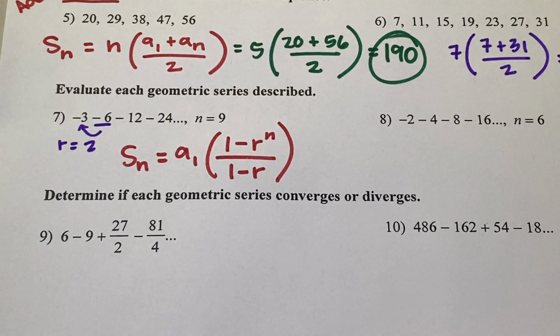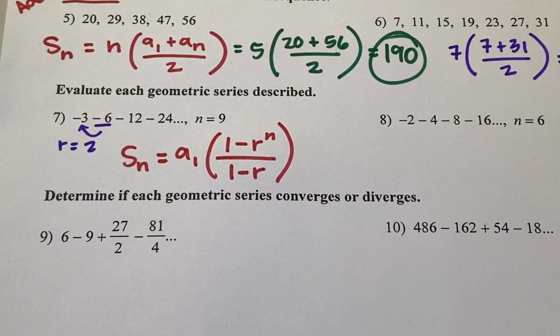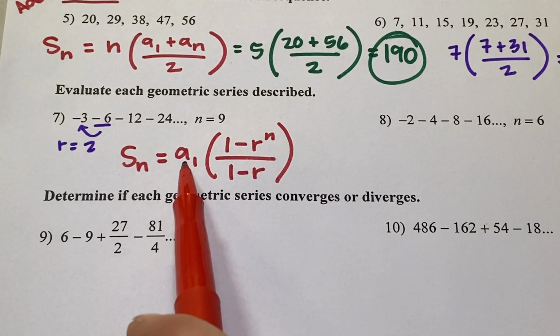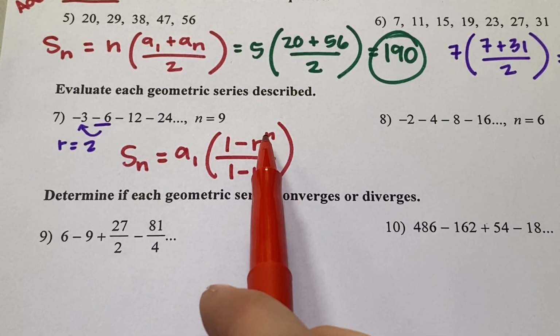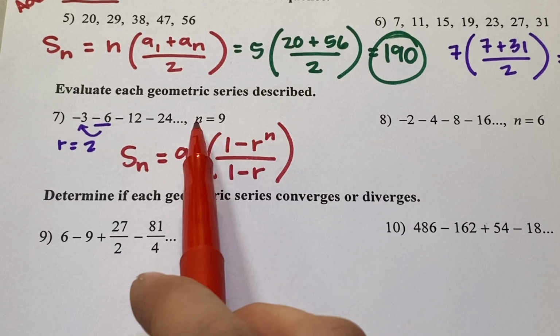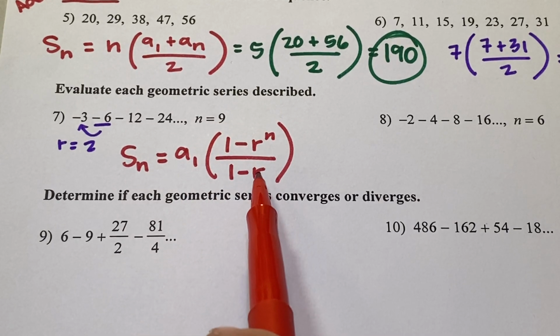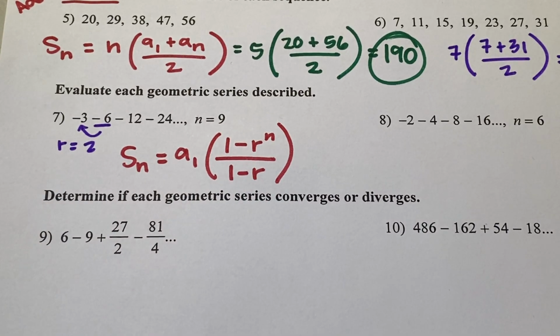That looks like a super complicated formula. It's not once you plug in the numbers. A sub 1 is always just that first term. N is the number of terms we're working with, so this time N equals 9. R is what we just found, our rate. Let's plug it in.